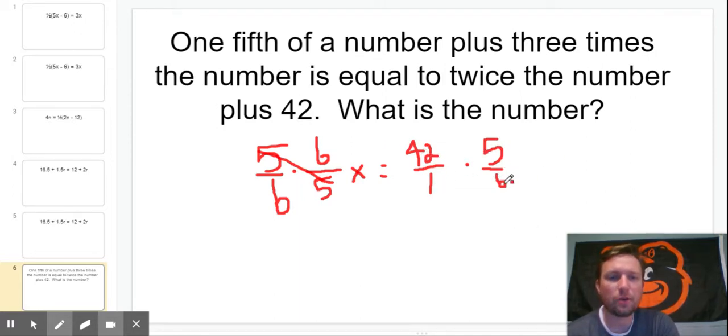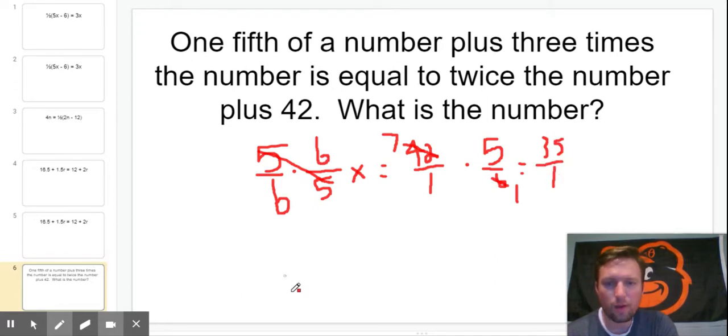Can I simplify either one of these? Yes, I can. 6 divided by 6 is 1. Divide this 42 by 6, the same number. 42 divided by 6 is 7. So 7 times 5 gives me 35. 1 times 1 gives me 1. So it's 35/1, or 35.